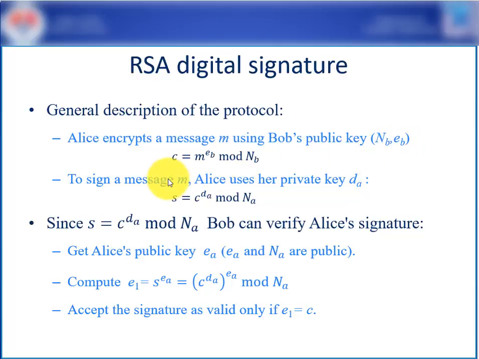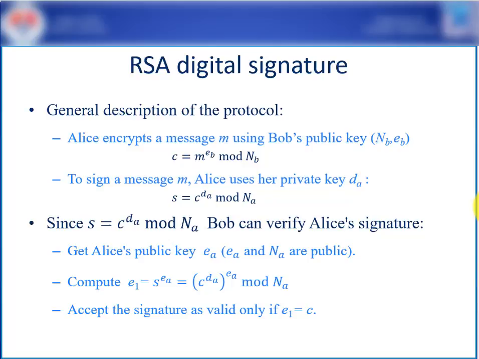So, to sign this encrypted message, Alice uses her own private key D_A and raises this ciphertext to power D_A and does the calculation modulo N_A, which is part of her public key.